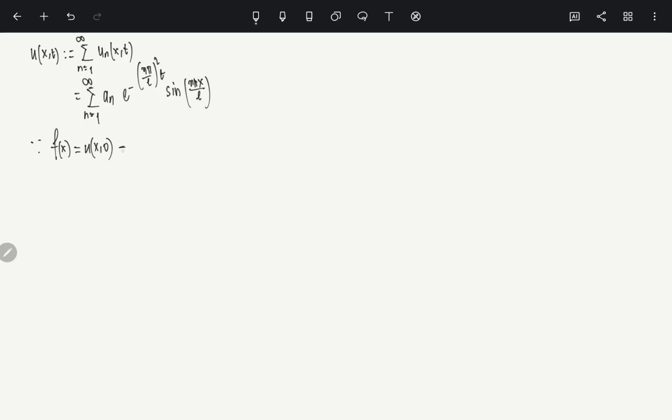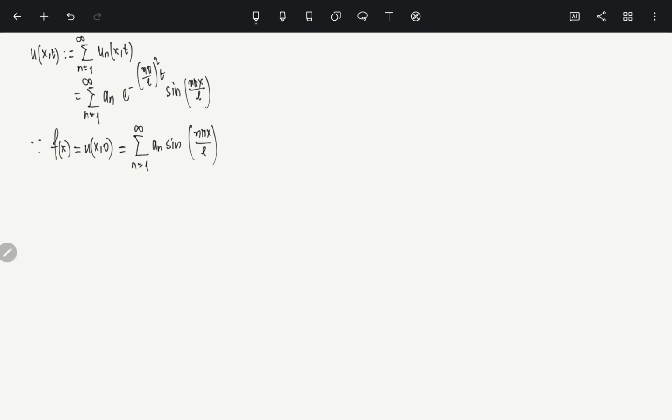So this is given by summation n equals 1 to infinity of a_n sine of n pi x by l. By the way, we are using Fourier series here, right? And this is the exact thing which actually helped Fourier to deduce this Fourier series.